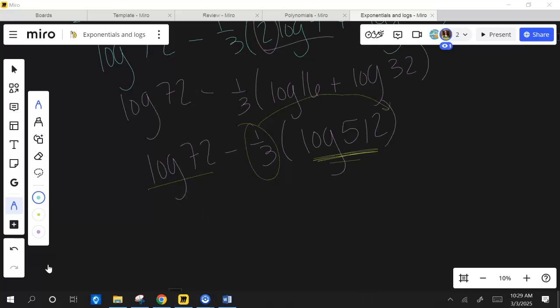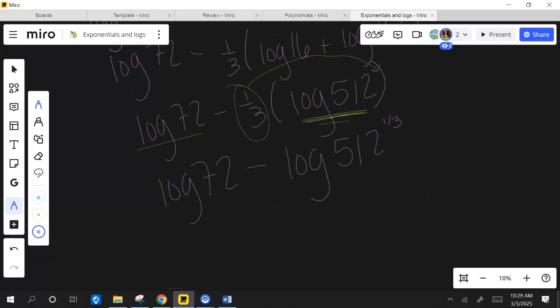So now I got log 72 minus log 512 to the 1/3. I'm gonna keep the subtraction here, make it 1/3. What is it? 8. Why is it 8? The cube root of 512 is 8.